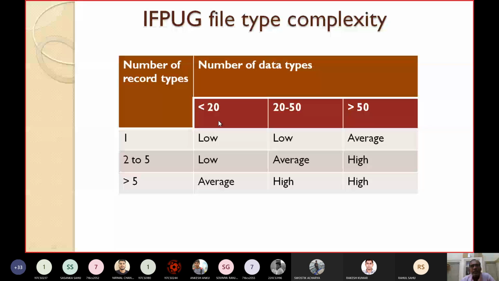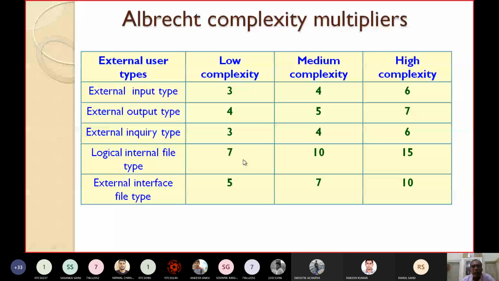If your file contains more than 5 records and there are less than 20 data types, then it is average. If it is more than 20 data types, then it will be of high complexity. The values for low, medium, and high complexity for the files are given here, 7, 10, and 15. Accordingly, you can use those values.